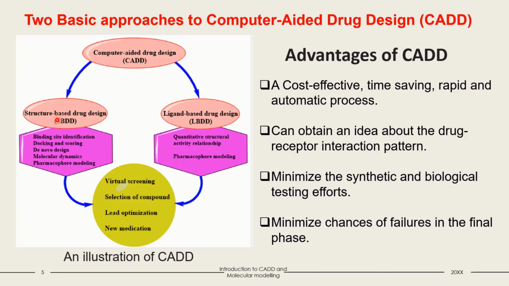So in structural based, you have your protein or target, and then you have your ligand, using the ligand to interact with the protein. However, in ligand based, you only have your ligand without a protein. So you use the ligand to seek the protein. You are eventually using your ligand to investigate the proteins your ligand could interact with. So those are the two major approaches which apply in CAD.